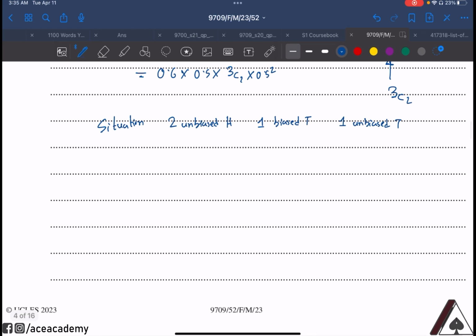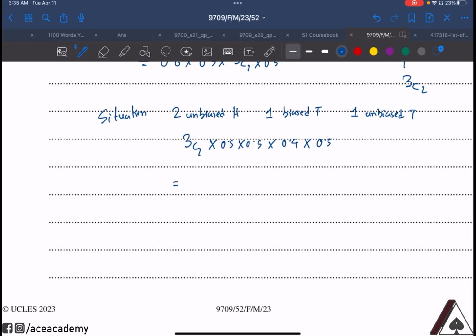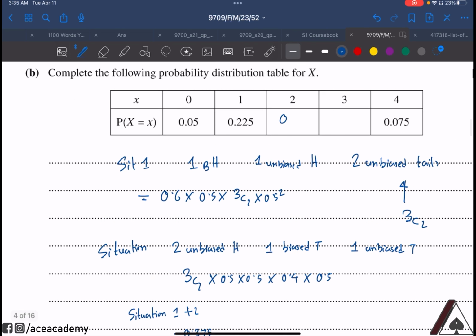So again, you can select 2 coins from 3 unbiased coins, so it's 3C2 into 0.5, which is the probability of an unbiased head, into 0.4, which is the probability of a biased tail, followed by 0.5, which is the probability of an unbiased tail. So adding the two situations together will give us 0.375. So probability of x equals 2 is 0.375.